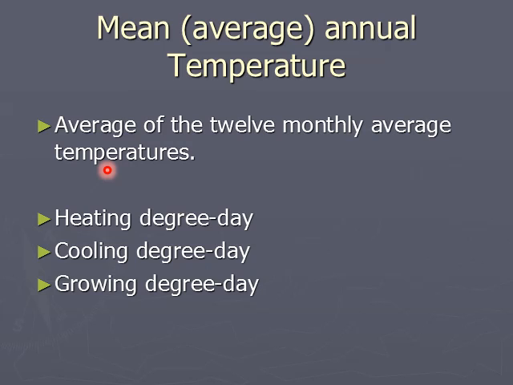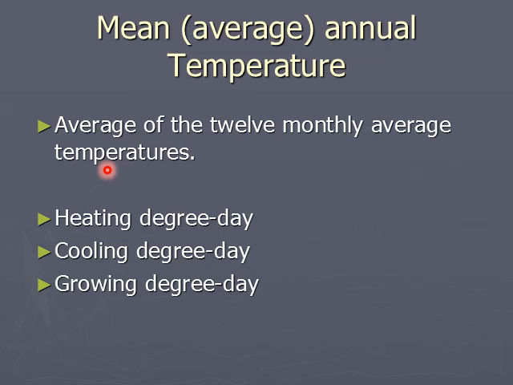The other way they can use this is what's called a growing degree day. Each crop has a specific number of growing degree days that it needs to reach maturity so they can harvest it. And again, I believe it's 65 degrees. So 1 degree above 65 degrees is one growing degree day.